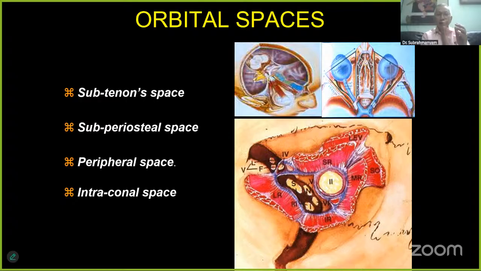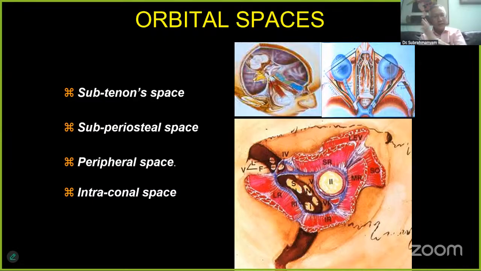And also they can flatten the posterior pole of the globe, leading to hypermetropia as a refractive error. Whereas the space that is between the muscles and the periosteum, that is called the peripheral surgical space, which can be divided on its location into the superior, medial, inferior, and lateral spaces.